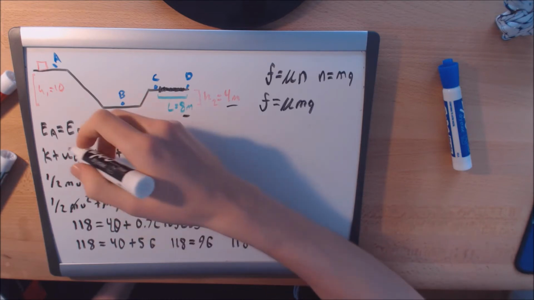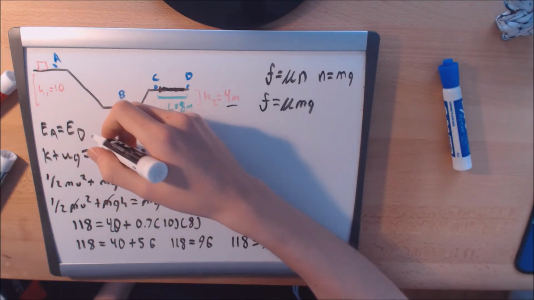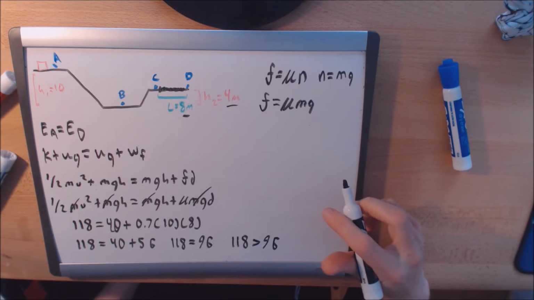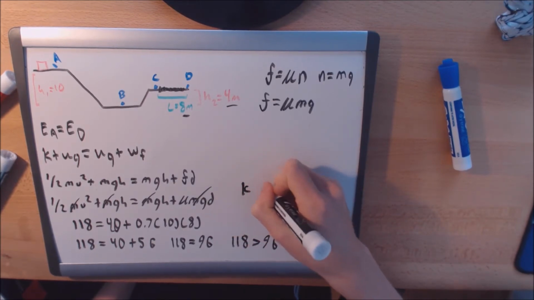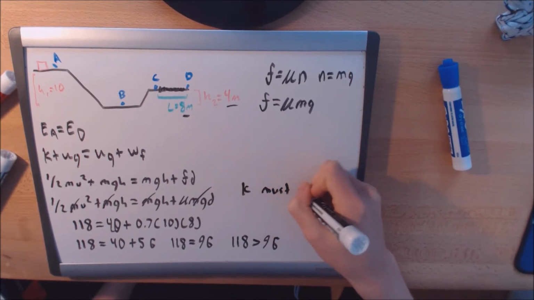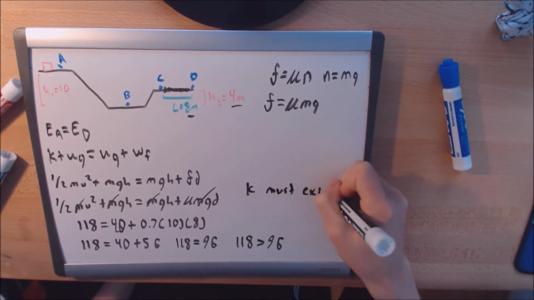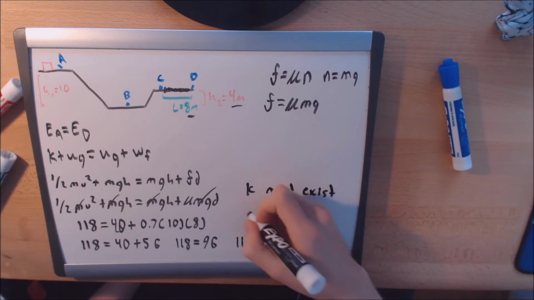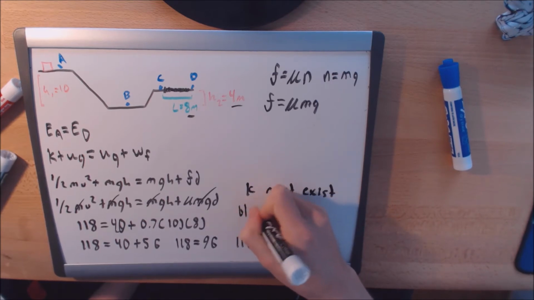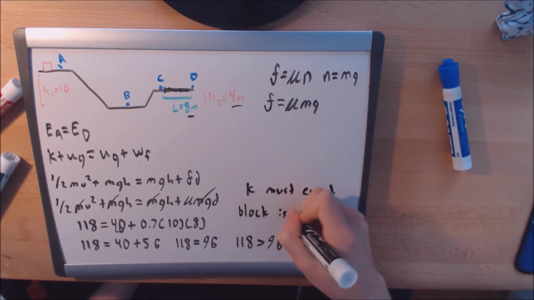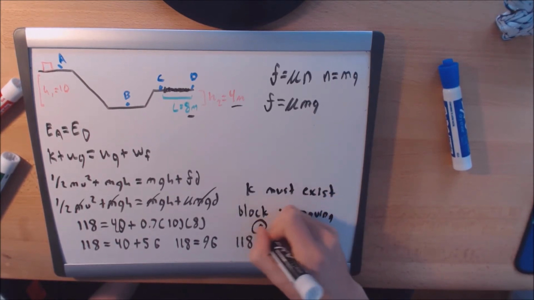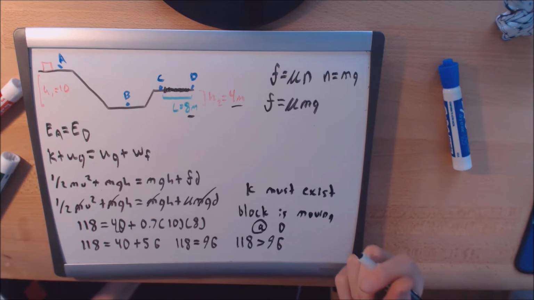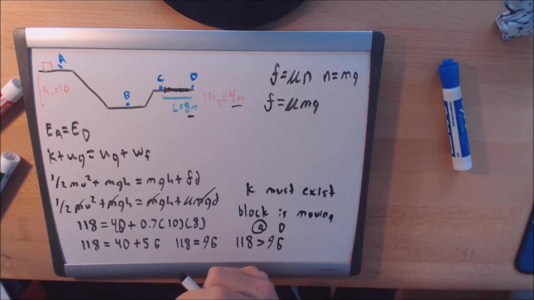So because our energy at A is greater than our energy at D when we leave out the kinetic component, that means that the kinetic component must exist at D, which means that, yes, the block is moving at D. So figure that out. That's great.